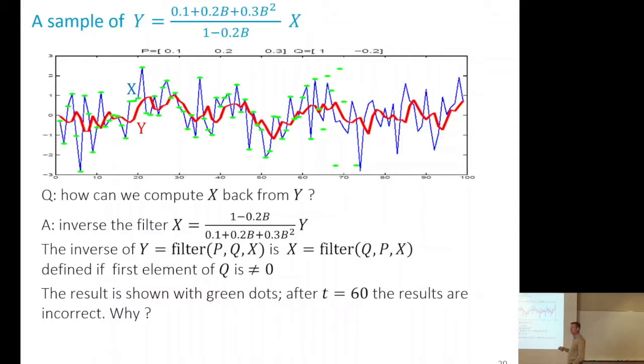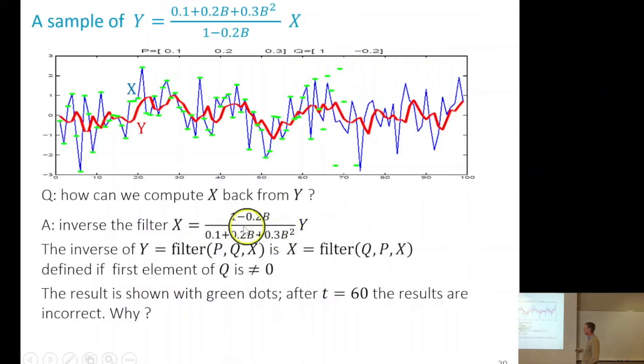Well, in this form, the answer is obvious. This filter is this filter divided by that. It means this filter multiplied by the inverse of that, right? So when is the product of two things invertible? Well, if each of them is invertible. So is the first one invertible? Yes, because there's a 1 here. If there would be a 0 here, the answer would be no. Is this one invertible?